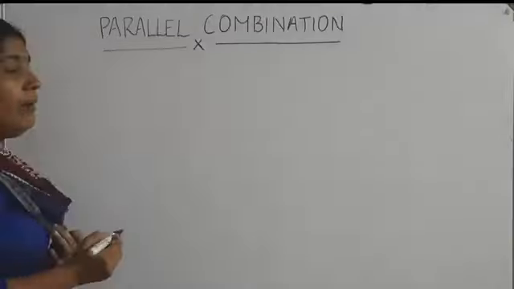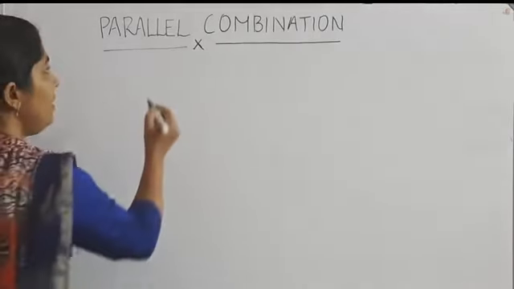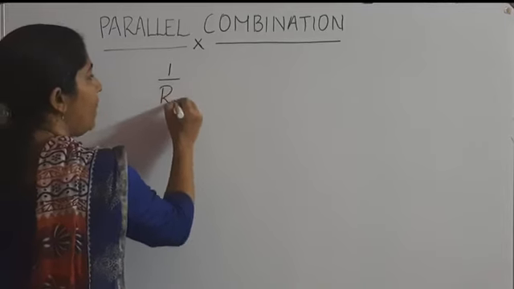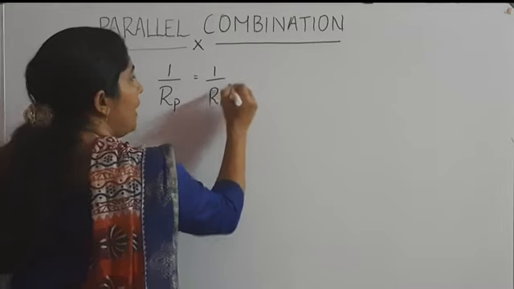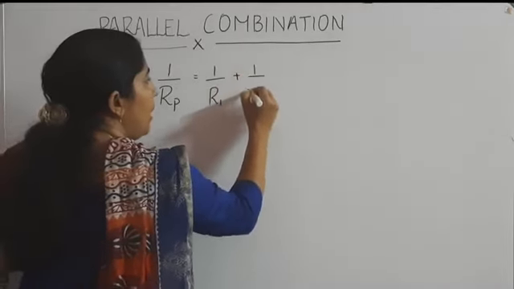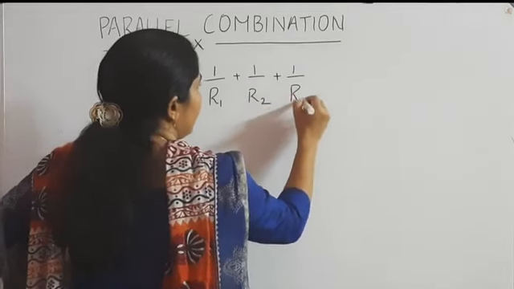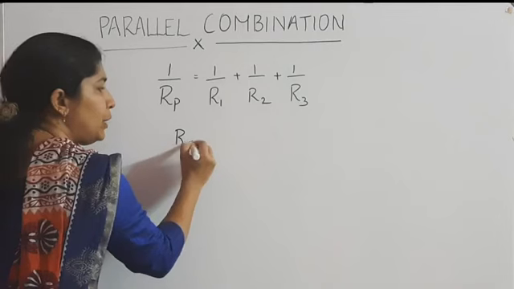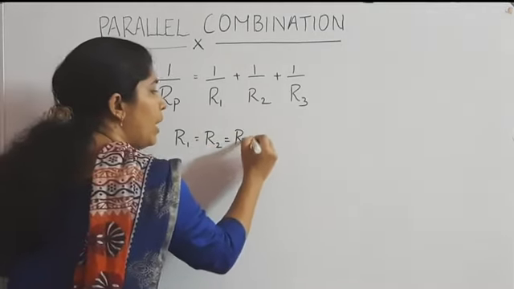Once again, we want to write the equation for the parallel combination. 1 by R parallel is equal to 1 by R1 plus 1 by R2 plus 1 by R3. What about R1 equal to R2 equal to R3 equal to R?